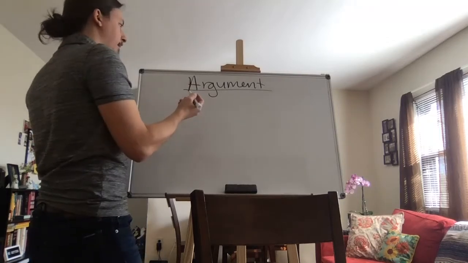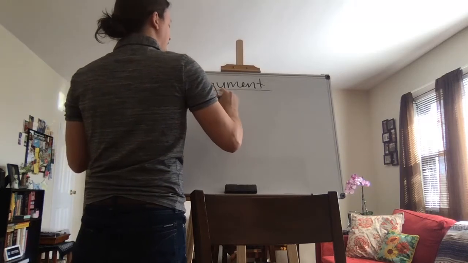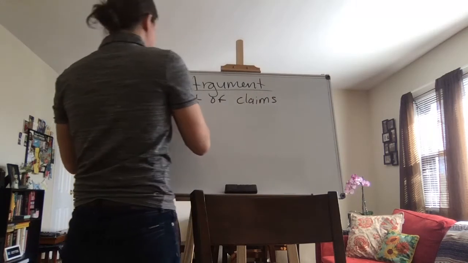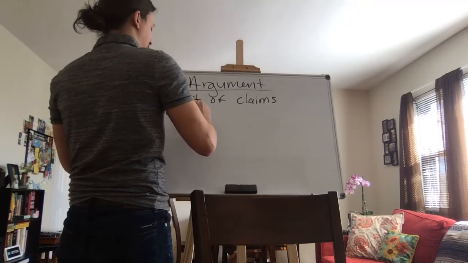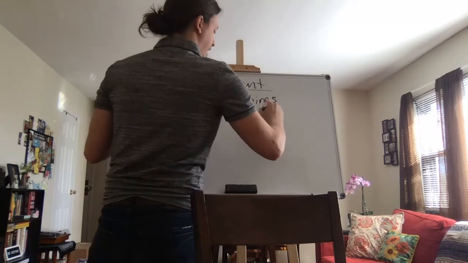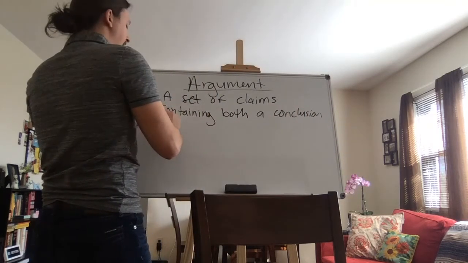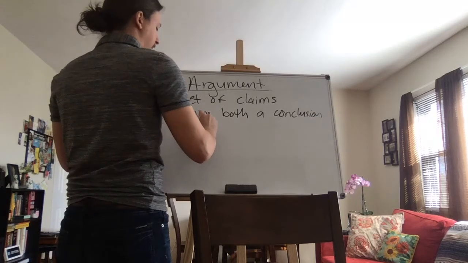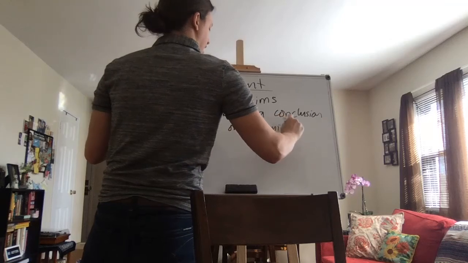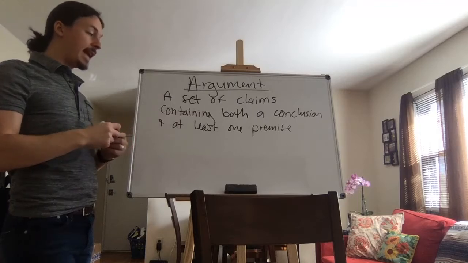So an argument, first and foremost, we can say is a set of claims containing both a conclusion and at least one premise. All right, so an argument is a set of claims containing a conclusion and at least one premise.